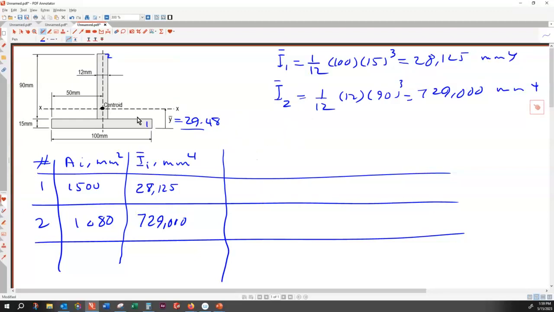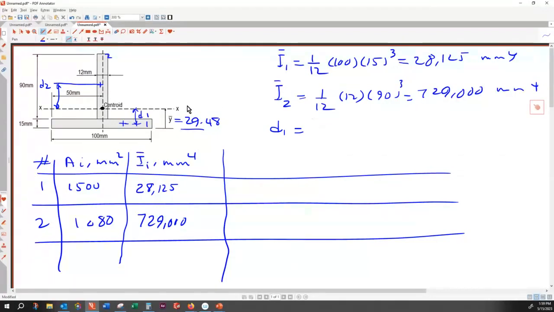And then what about the distance of that center to here? That is D1. And the center of this one to here, that is D2.